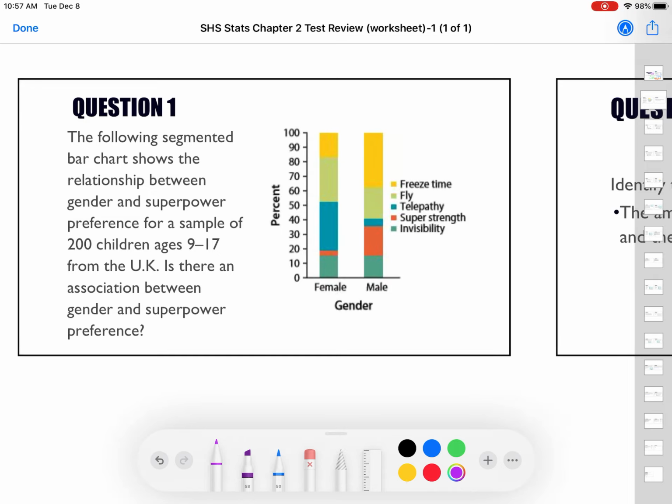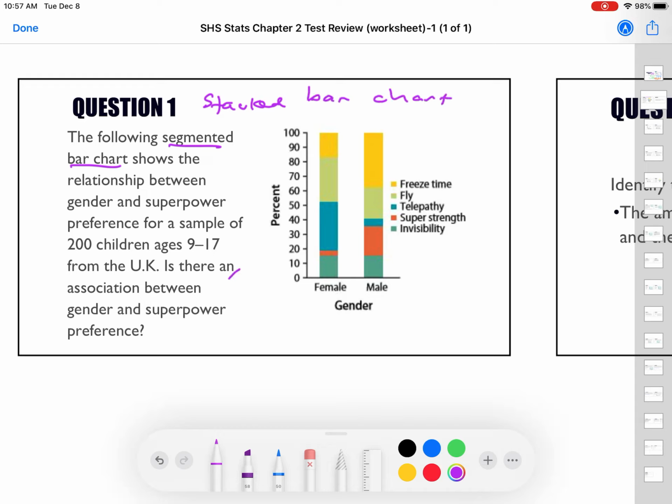The following segmented bar chart shows the relationship between gender and superpower preference for a sample of 200 children ages 9 to 17 from the UK. Is there an association between gender and superpower preferences? So again, these are called segmented bar charts, or you can call these stacked bar charts.